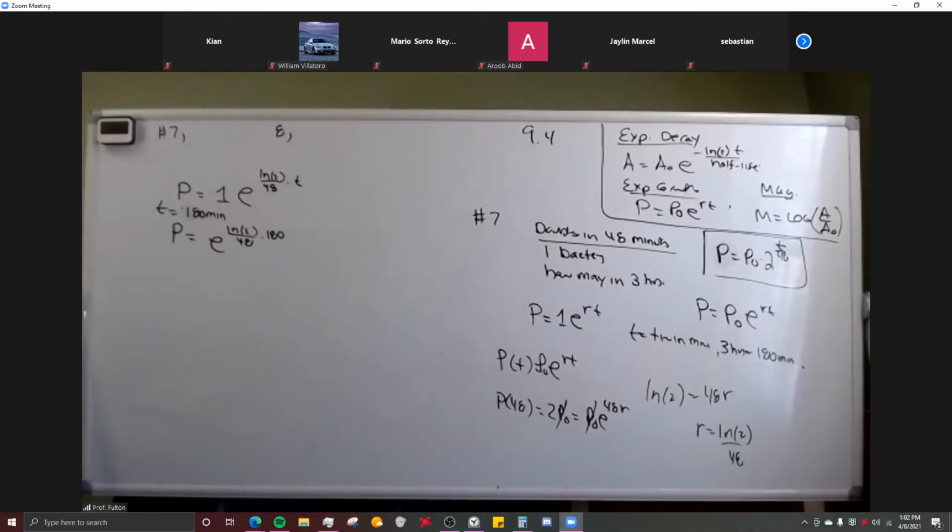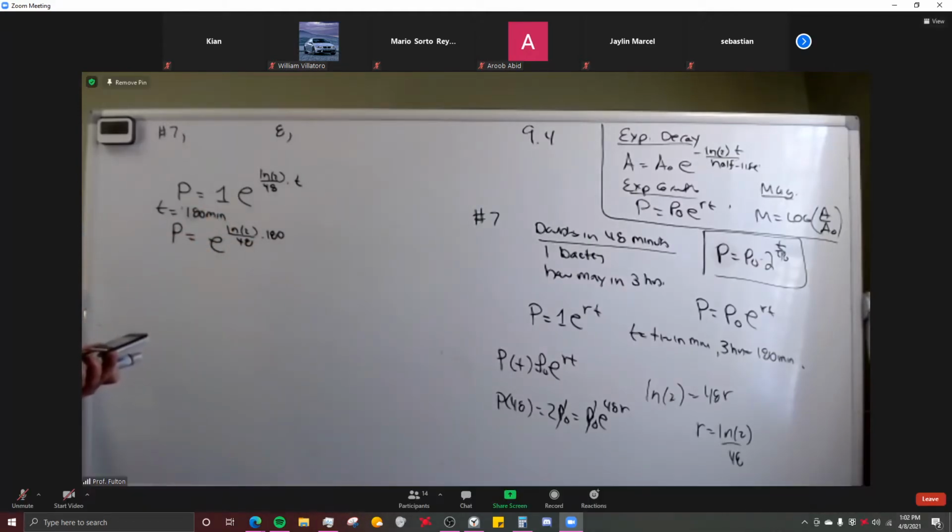Plugging that into my calculator, let's see what I get. Starting out with 1, and 3 hours later, second function, natural log of 2 times 180 over 48.